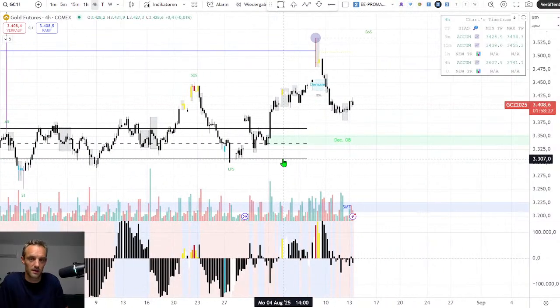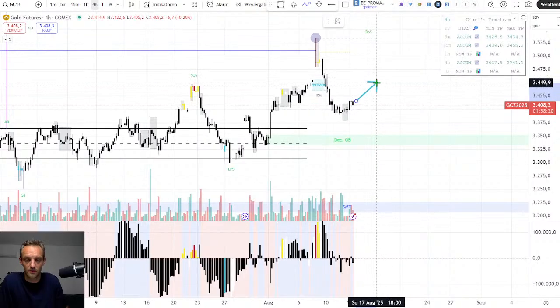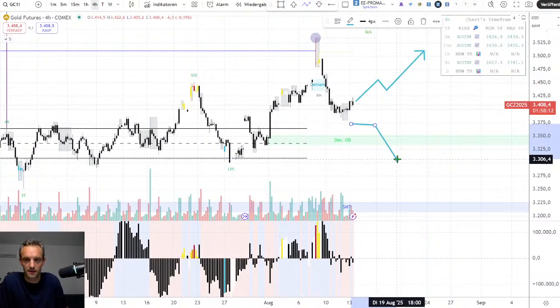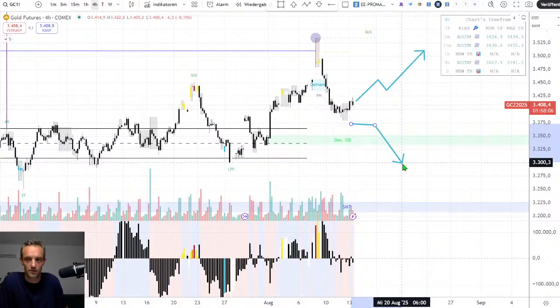Yes, this is my idea. Let's draw it in. Should be like this. Only if we fail, then we go to this other side of value, getting more liquidity at the downside, here below this 300.